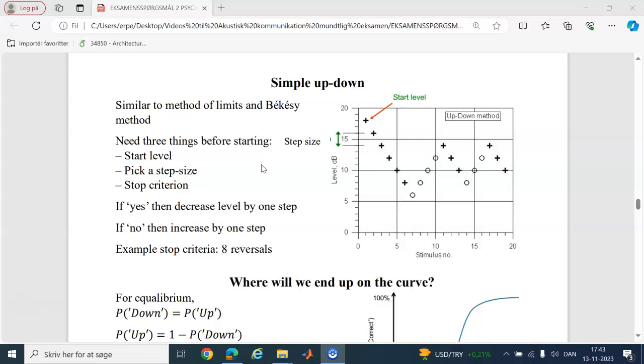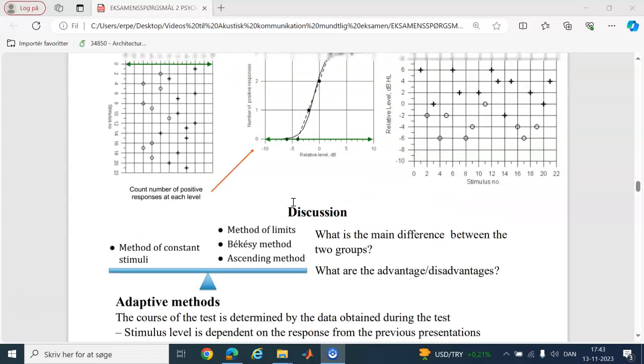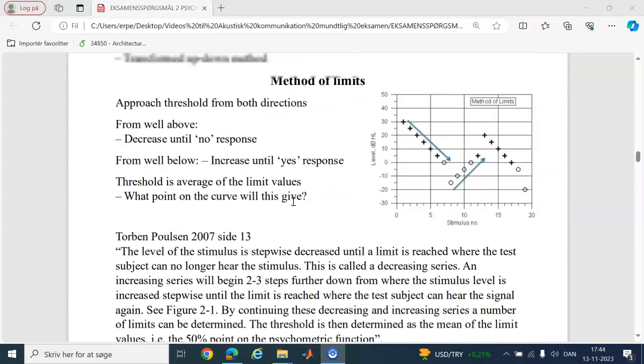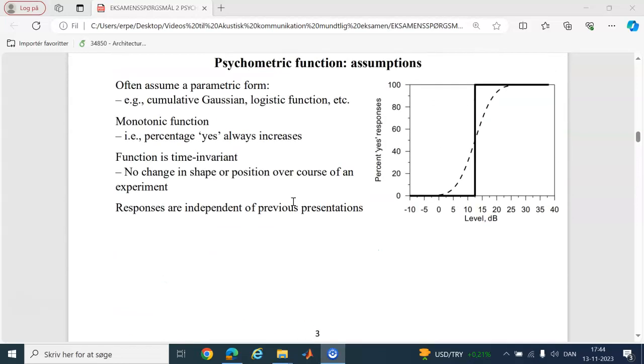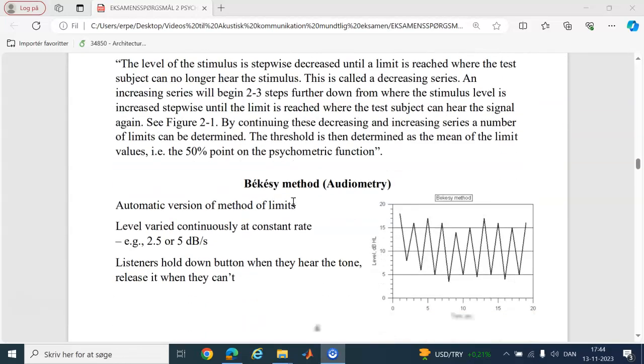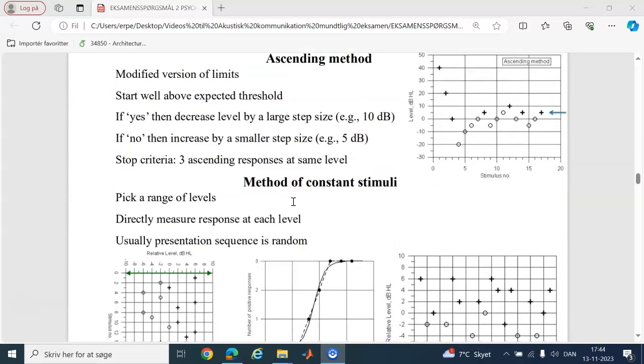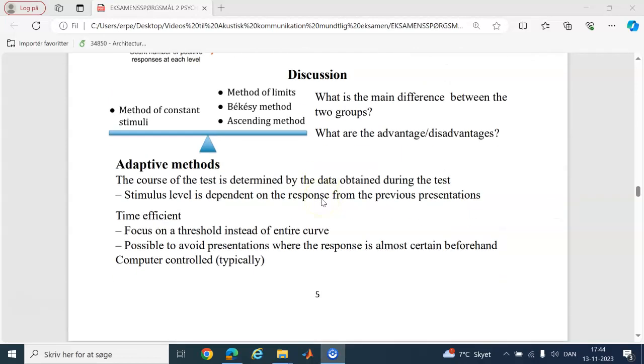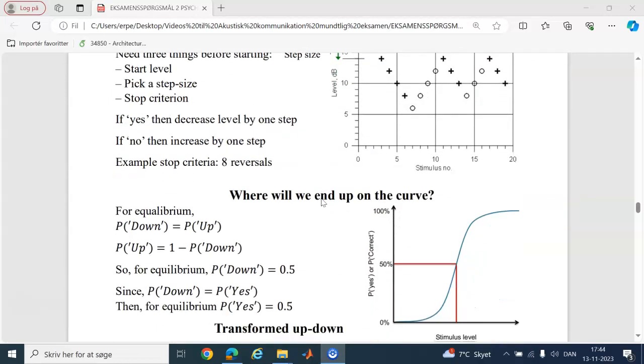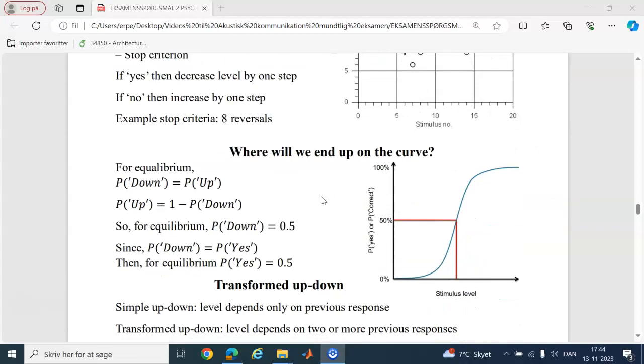If no, increase by 1 step, the same step up as down. An example stop criterion is 8 reversals. Where will we end on the curve?